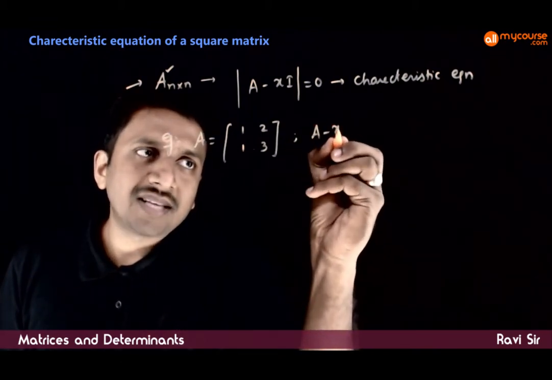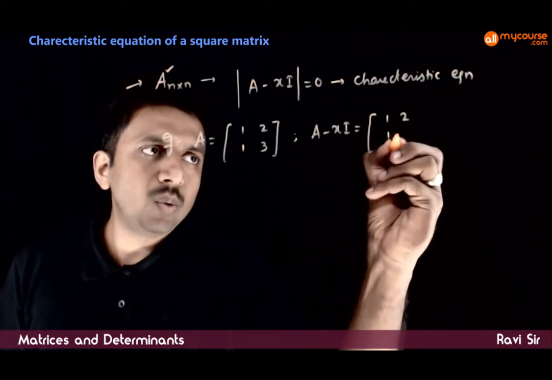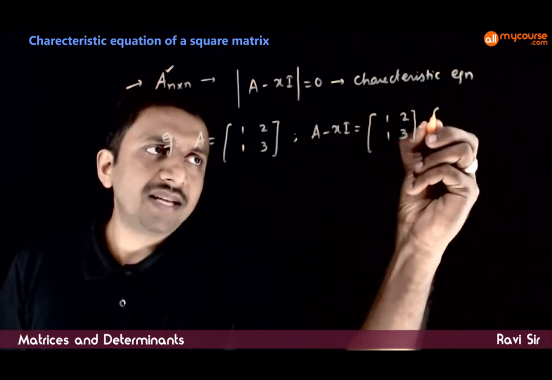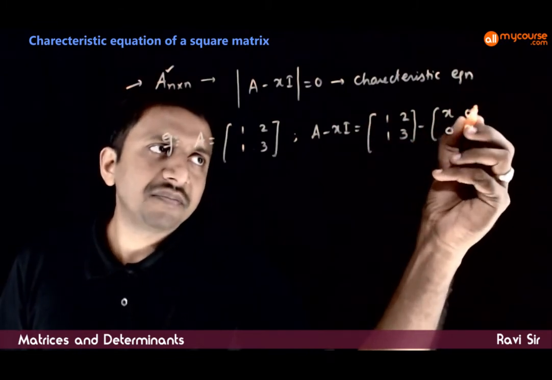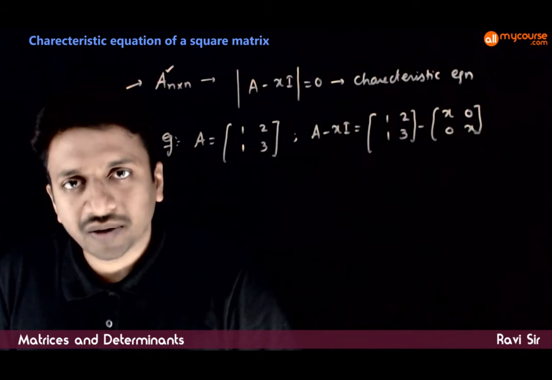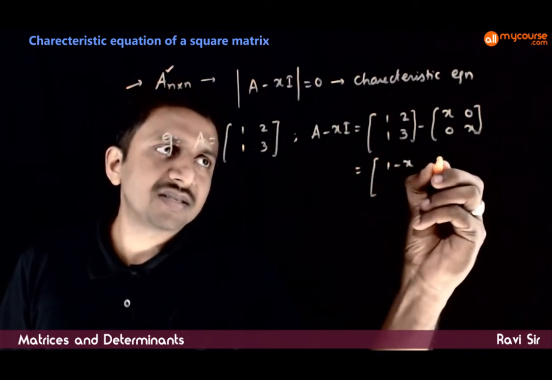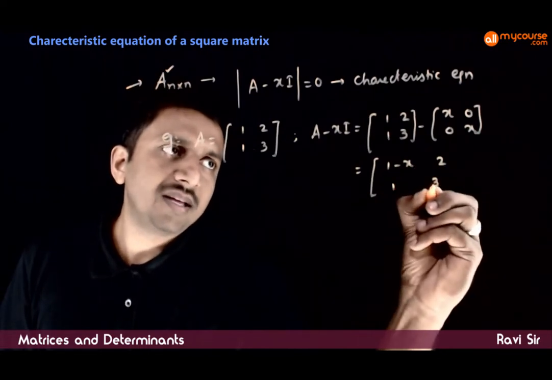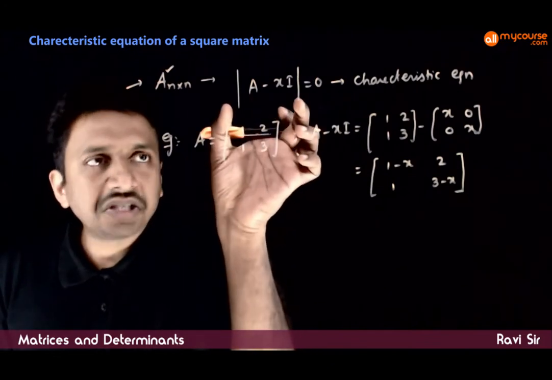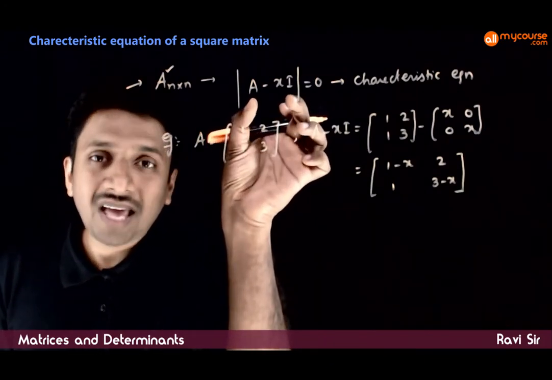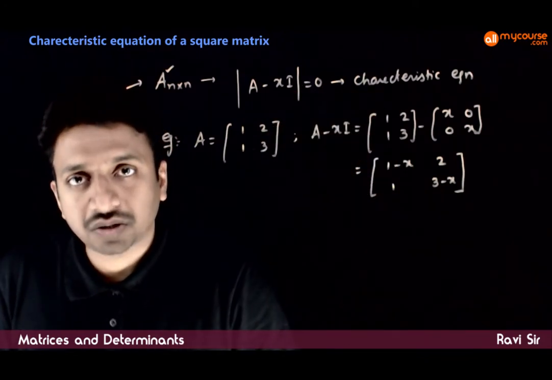A minus xI is nothing but 1, 2, 1, 3 minus x times I, which is x, 0, 0, x. So A minus xI is 1 minus x, 2, 1, 3 minus x. The equation determinant of A minus xI is equal to 0 is called the characteristic equation.